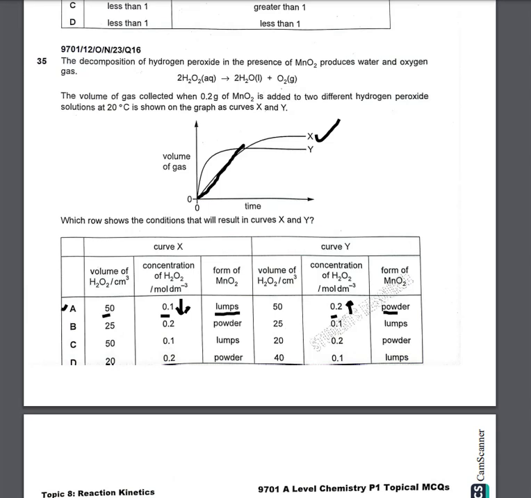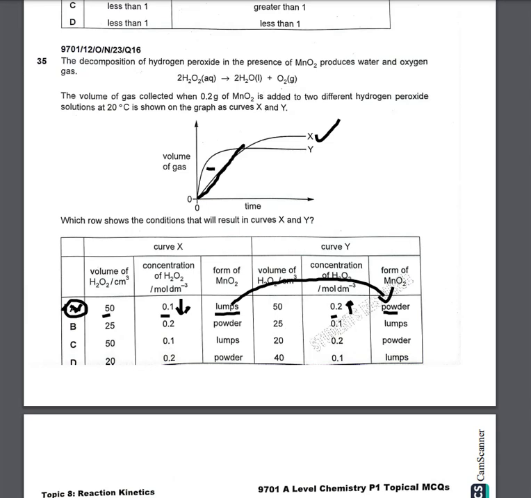No, this is incorrect. The reason is the powder and the lumps issue. If the positions were reversed, then A would have been true, because there's a greater difference in their rates here. So A is incorrect.